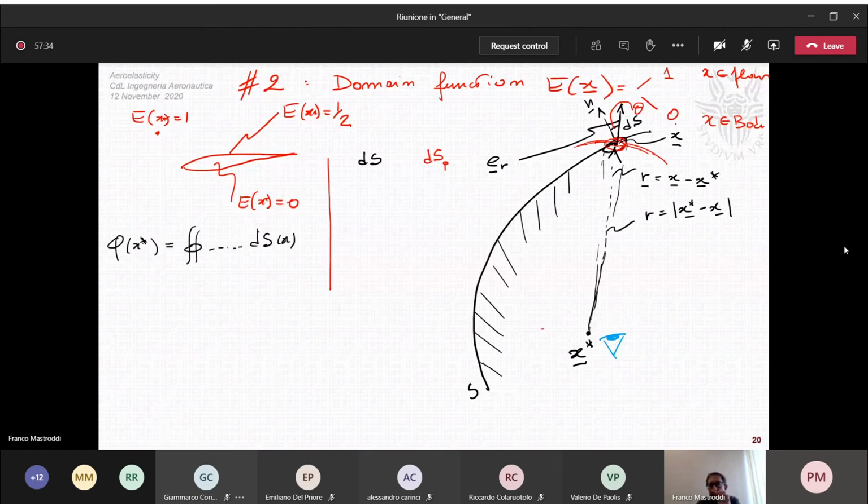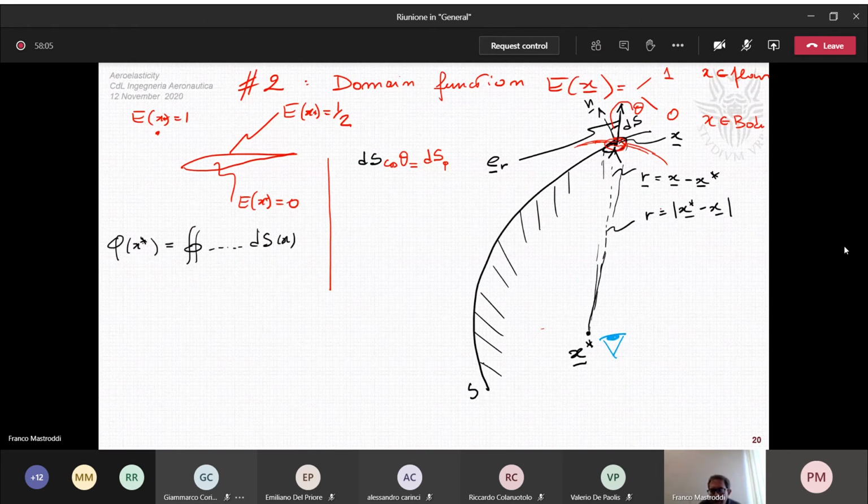You may imagine n as the normal to ds, and er, which is normal to the elementary surface dsp, and therefore we conclude that the elementary surface dsp is equal to ds by the cosine of theta.